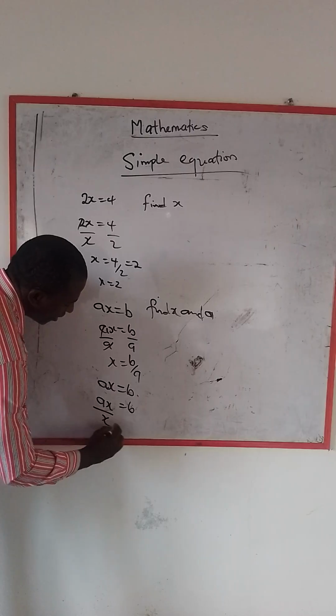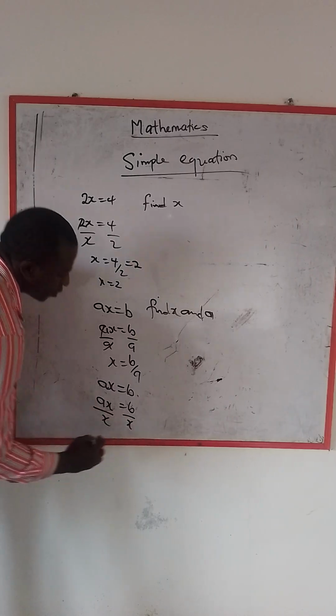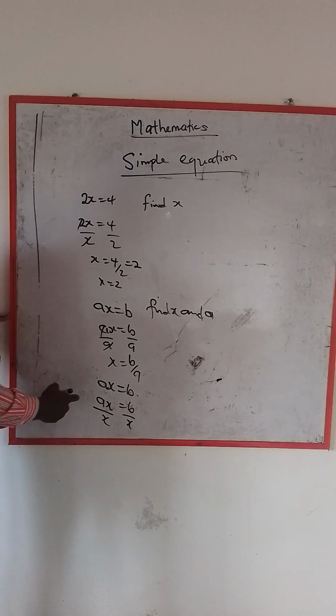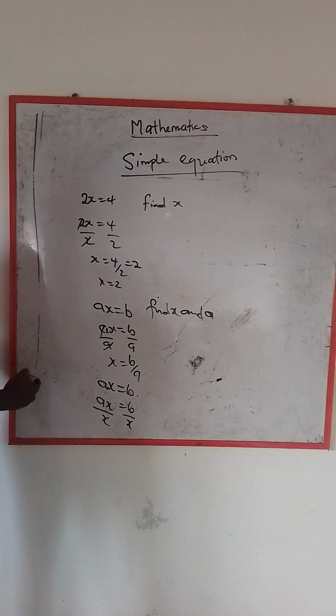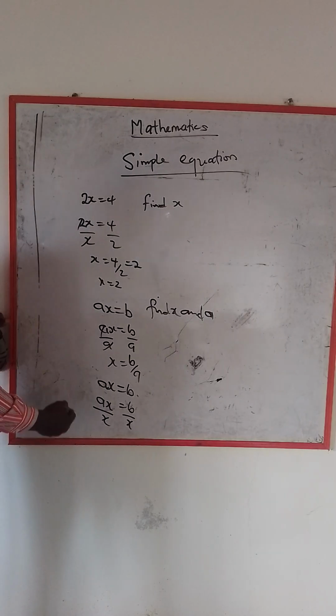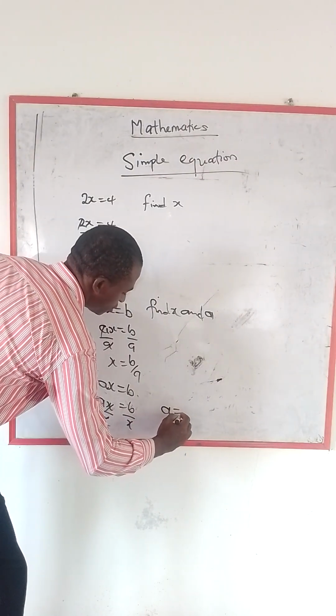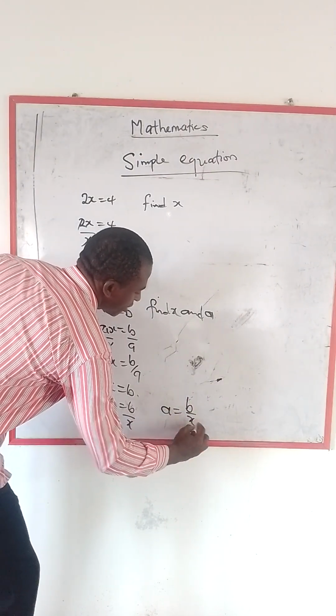Divide both sides by x, because x in this case is the one that is attached to a, which is the coefficient of a. x is the coefficient of a. We divide both sides. What we now have left is a equal to b over x.